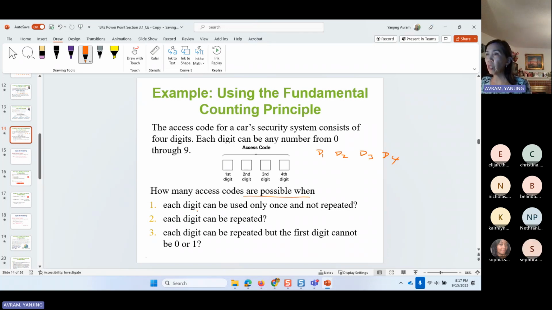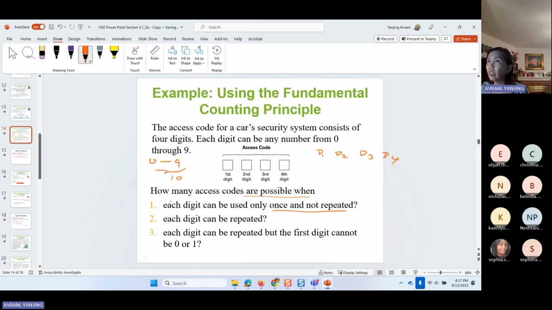There is a limitation: each digit can be used only once, with no repeats. So from 0 to 9, how many total digits do we have? 10 is the correct answer.